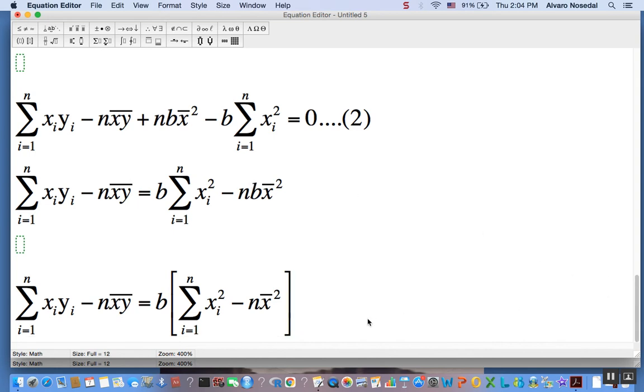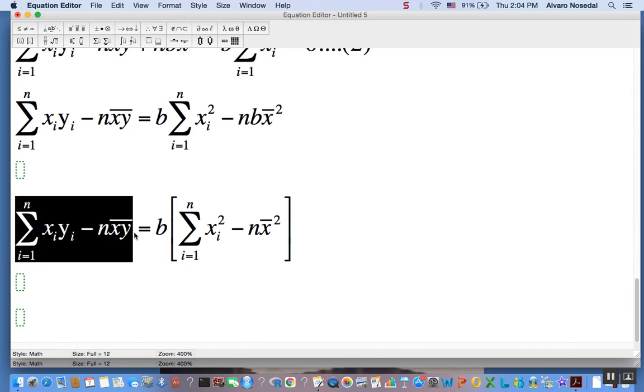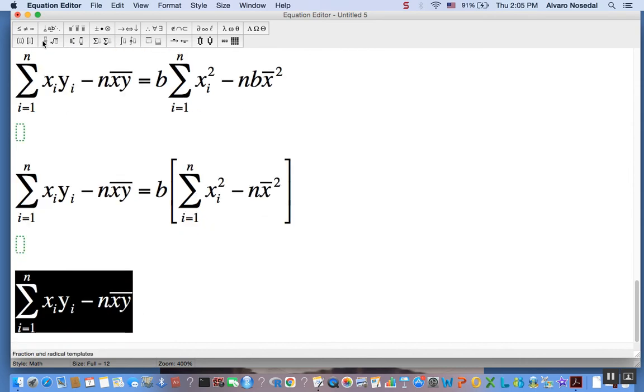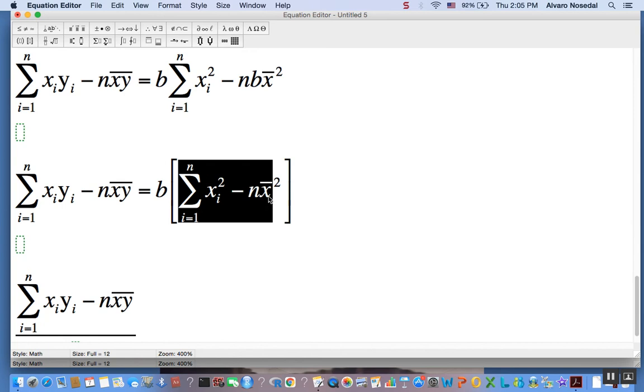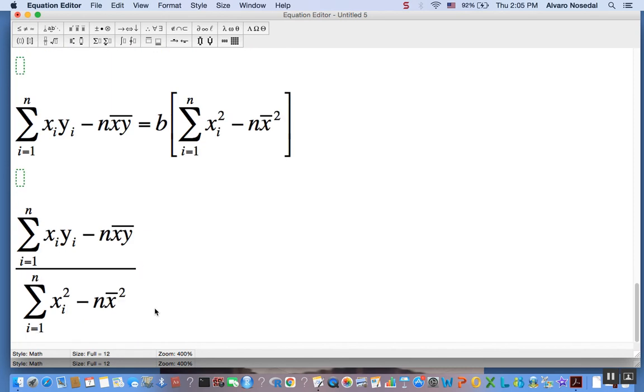Now let's solve for b, right? So what we're going to have is this divided by this. Okay, makes sense?